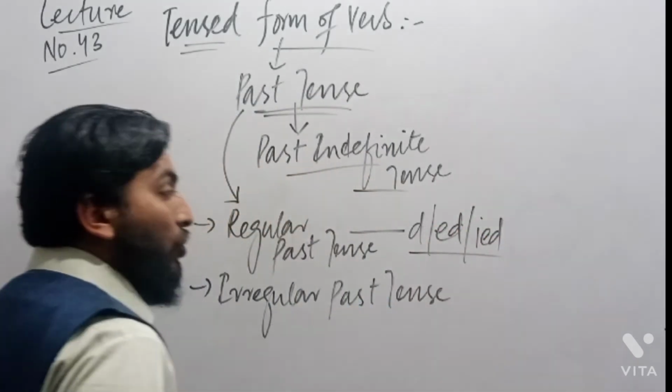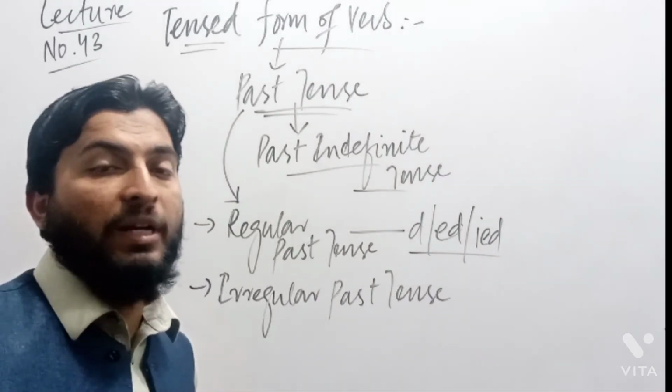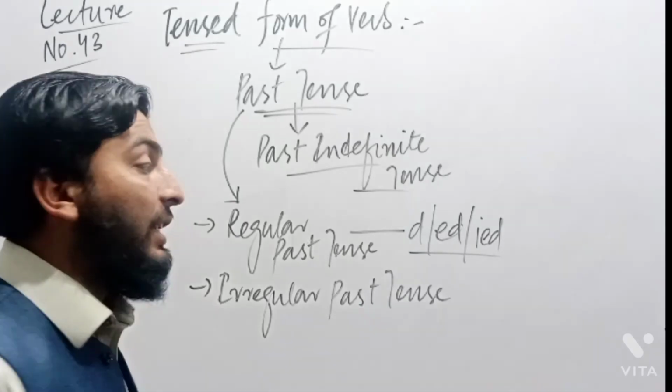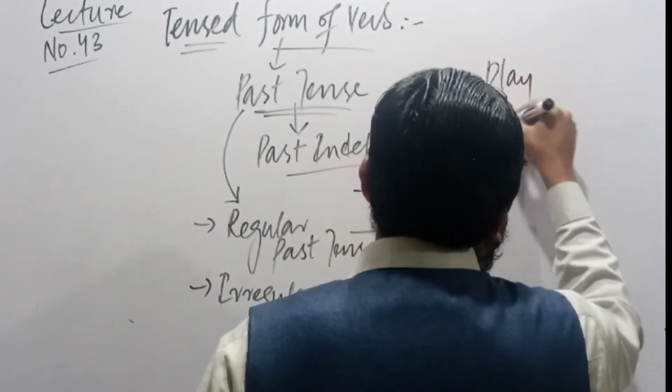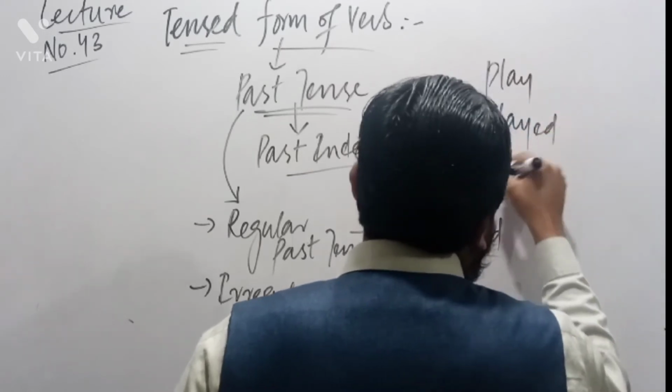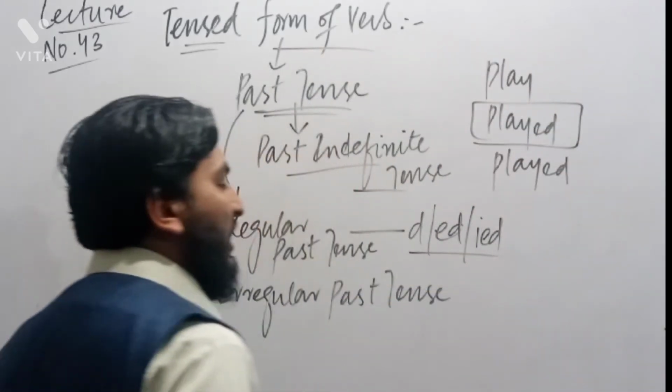But it is known to me that d, ed and ied must be there in the past participle form as well. Then we say there is a word which is play. The past is played. And what is the past participle? Played. So we are concerned with this very word which is played.